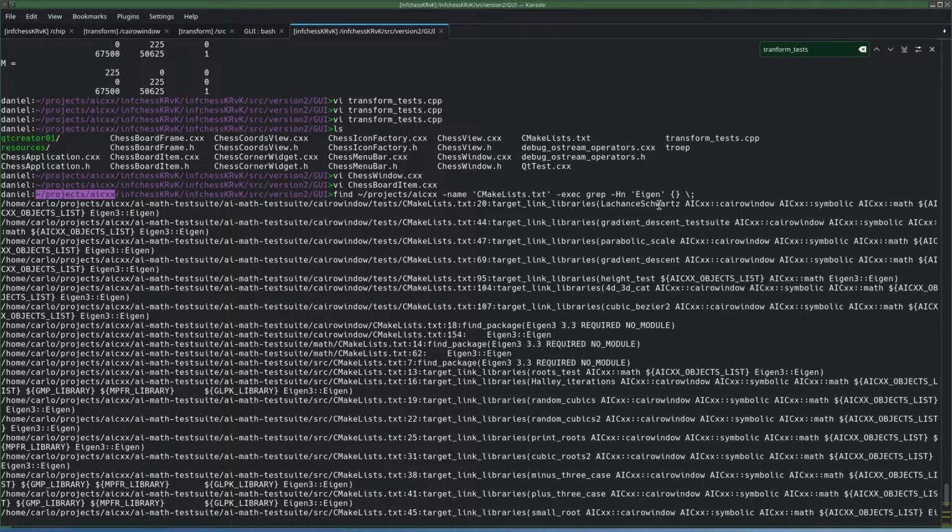I'm already using Eigen in the cairowindow. Oh. In the math test suite even. What? Don't tell me math is already using Eigen. No, just a test suite is.